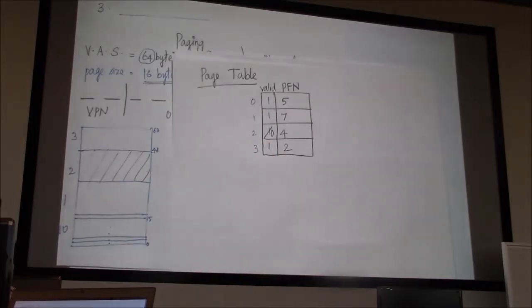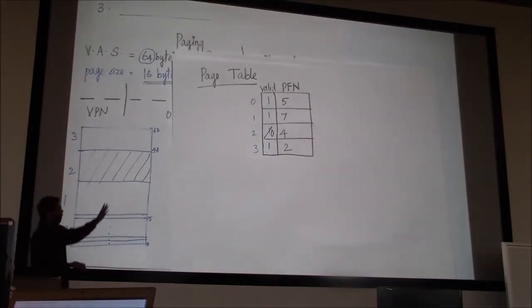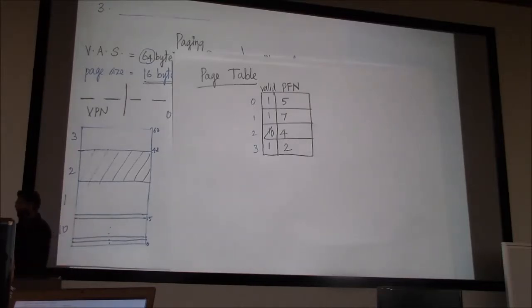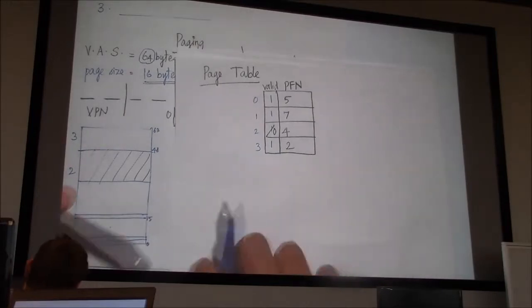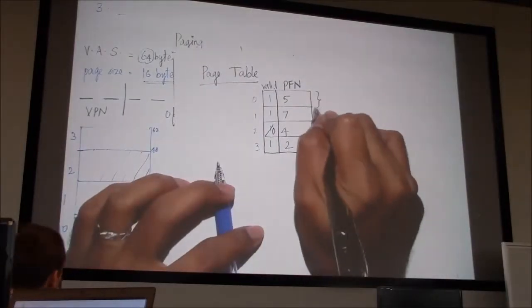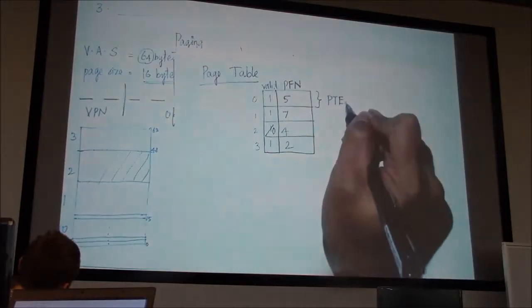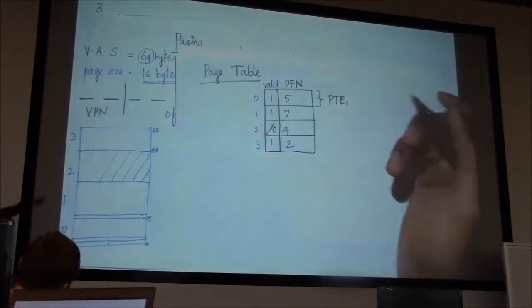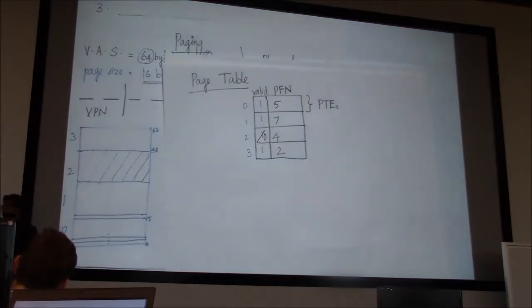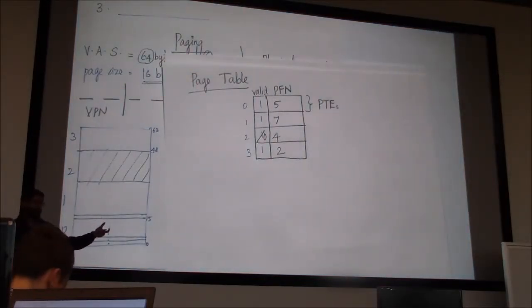If you have completed the first problem in the worksheet, you go and find the valid bit in a particular page table entry. All these entries are called page table entries. This is one page table entry. In each page table entry, you find the bit corresponding to the valid bit.